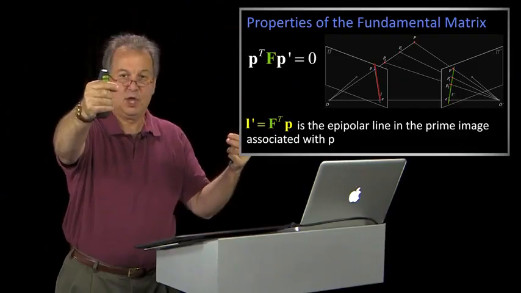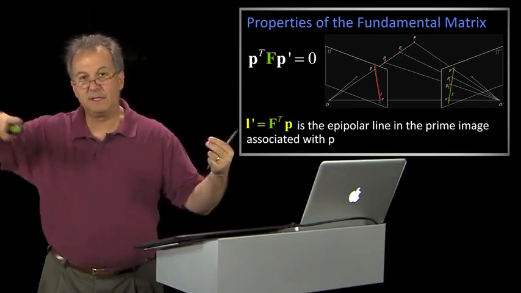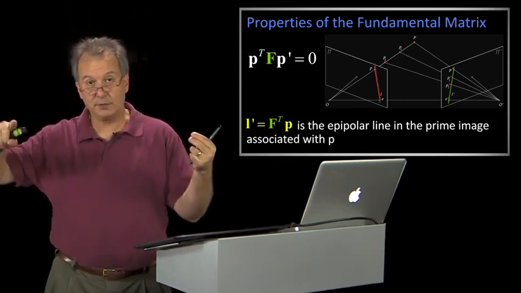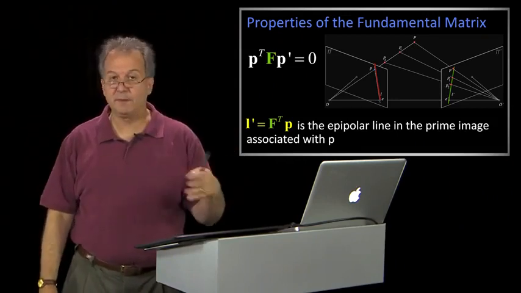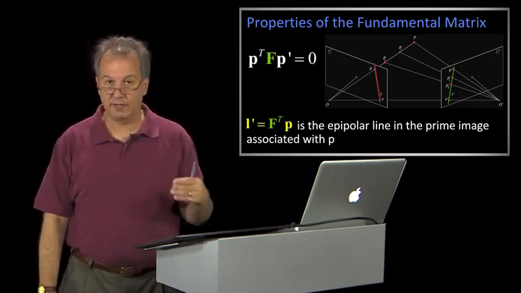And that makes sense because F goes through the intrinsics of one, through the extrinsics, and the intrinsics of another. And so the only thing I don't know for some point that I'm seeing in my left image is its depth along that ray, so it has to be along this line. That was the geometry. So the fundamental matrix equation reduces that geometric constraint to an algebraic one.